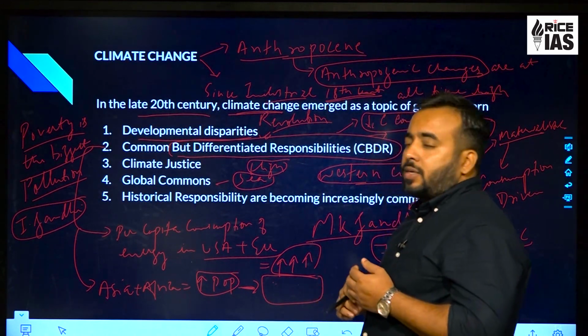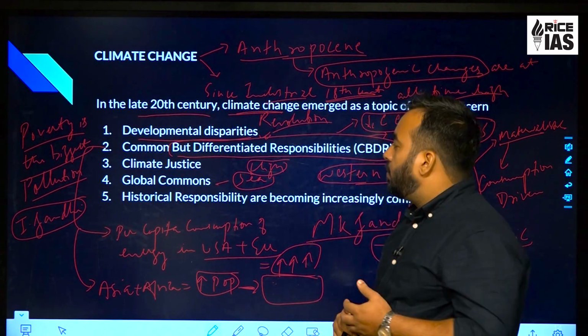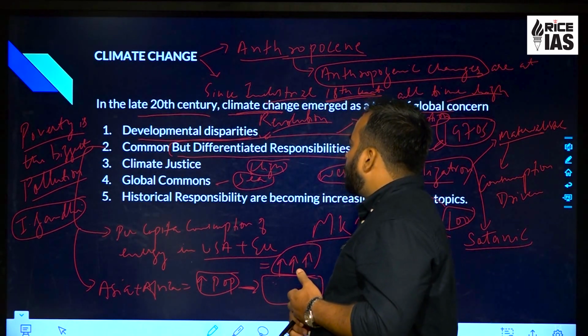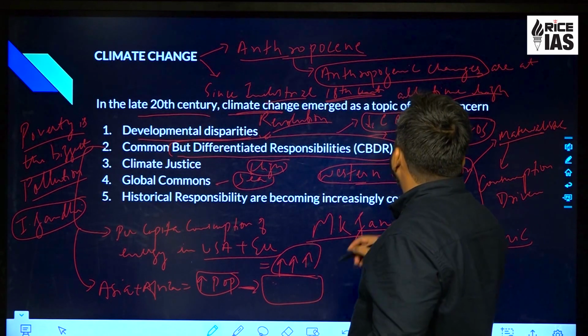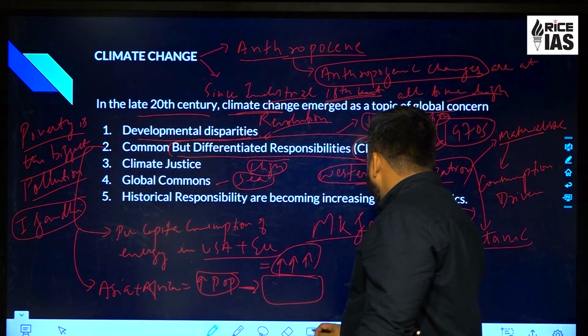So this bargaining has to happen on the international negotiation table, at WTO, at UNCCD. So for this purpose, developing countries come together.